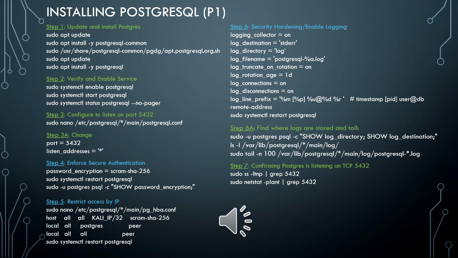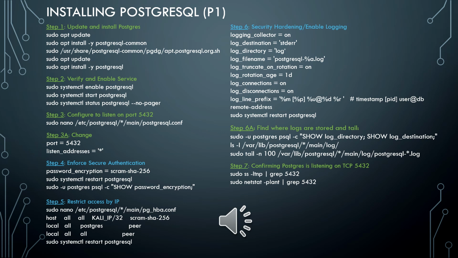Moving into one of the most important steps within this PowerPoint, showing how to install PostgreSQL. Within this section, I explain my installation steps on Ubuntu server. For step one, we update and install packages using the sudo command line.